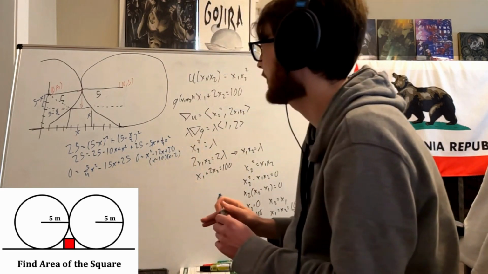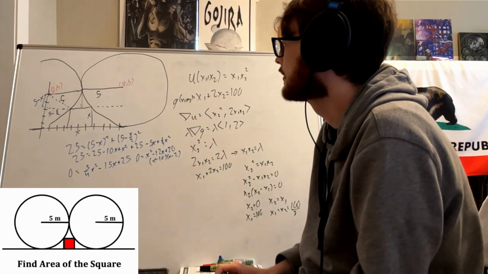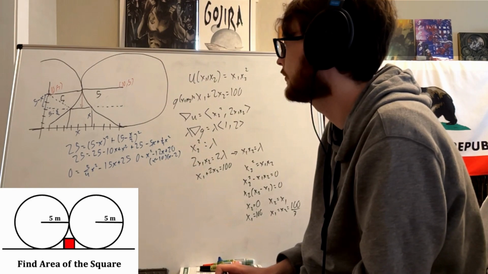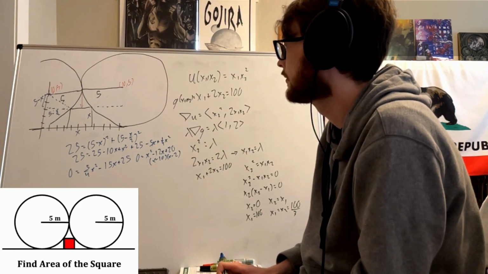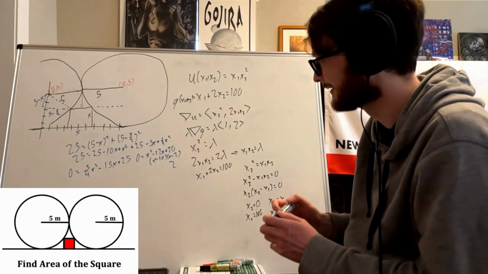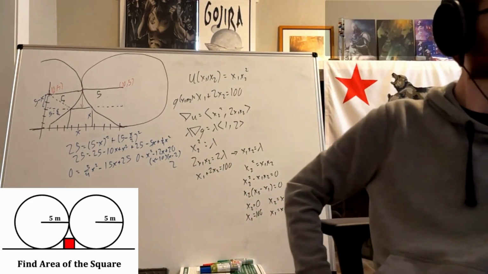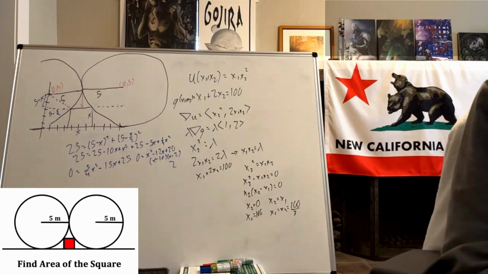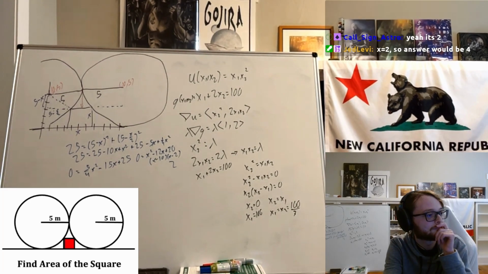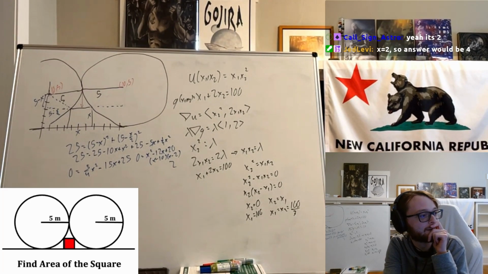So x equals 2 or 10. 10 is surely too big, so it must be 2. Is the answer 2? Oh wait, you said you don't remember the answer. Hell yeah. Oh, wait. Oh, the area of the square. You're right, Jed. 4. That's interesting. They can just do it like that.